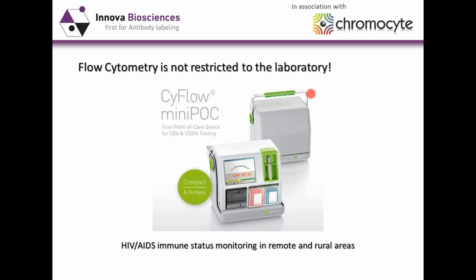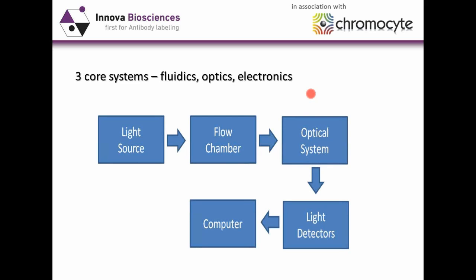Okay, so if we now move on to the basic components of a flow cytometer, these are highlighted here. Essentially you need a light source, which these days is typically a laser light source, which I'll come back to, but other light sources are available. The other key element of a flow cytometry system is a flow chamber, and that's the chamber in which the light source hits the cells in which you're interested.